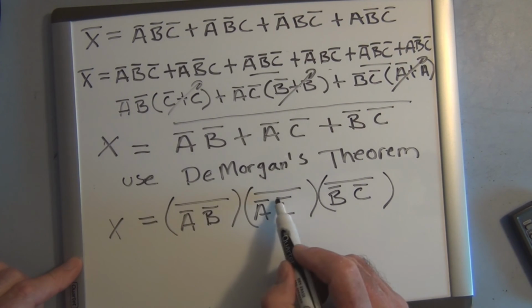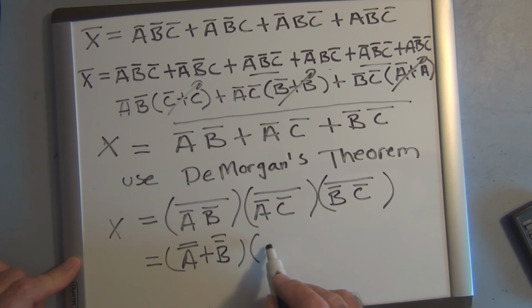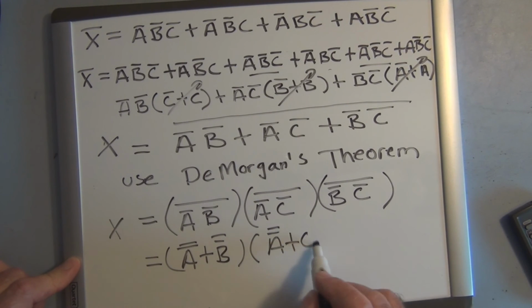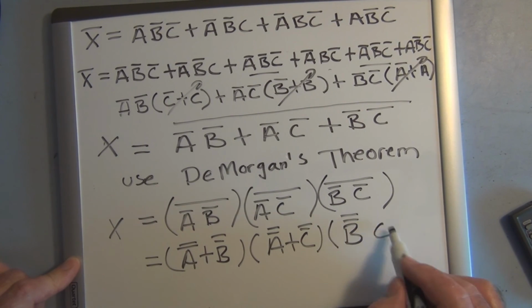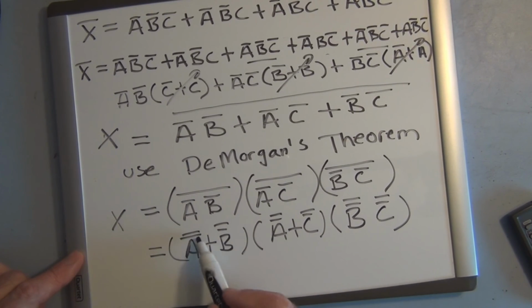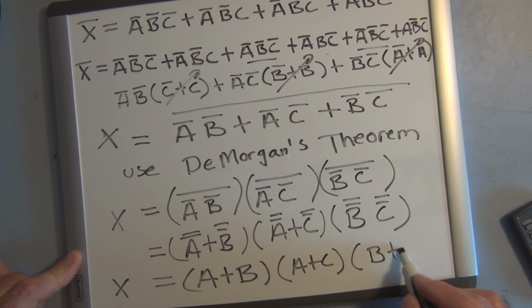And then we further break up these other inverter signs, and this will equal to a double naught, or together with b double naught, and this will be a double naught, or together with c double naught, or together with b double naught, c double naught. And double inversions just cancel each other out. So we end up with x equal to a or b, parentheses, and with a or c, and with b or c.